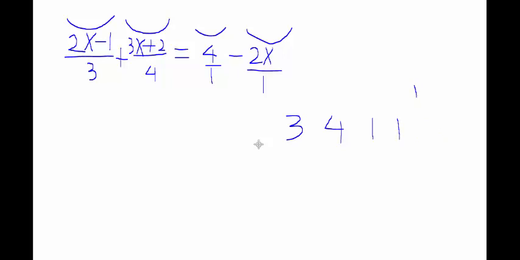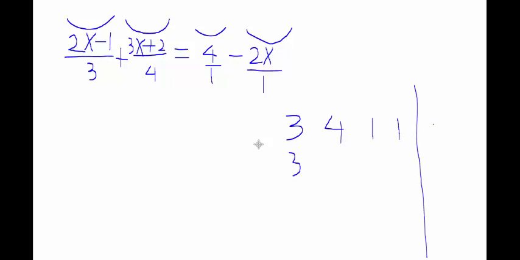Now we're going to draw a line down, and we're going to see which is the smallest prime number that divides any of these. 3 is not divided by 2. We're going to pick out 2. 3 is not divided by 2, so we're going to leave it as 3.